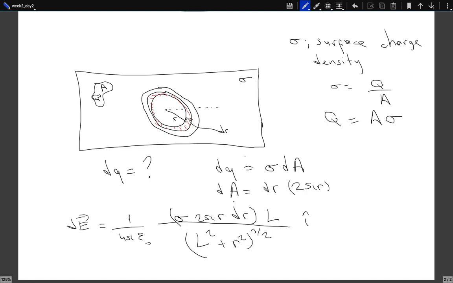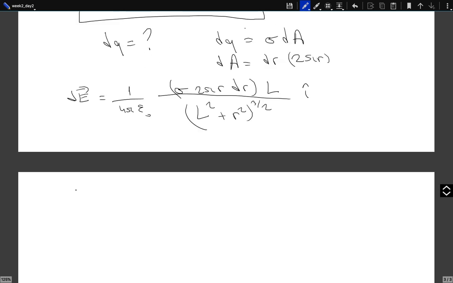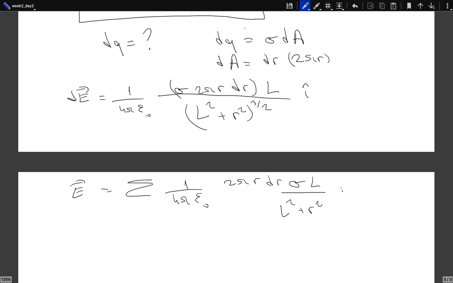Now the next thing is I just need to sum all these. The total electric field will be the sum of 1 over 4 pi epsilon 0 times 2 pi r dr sigma L over L squared plus R squared to the power 3/2 in the I direction. Well, in the limit as dr goes to 0, I have basically infinitely many terms over there.